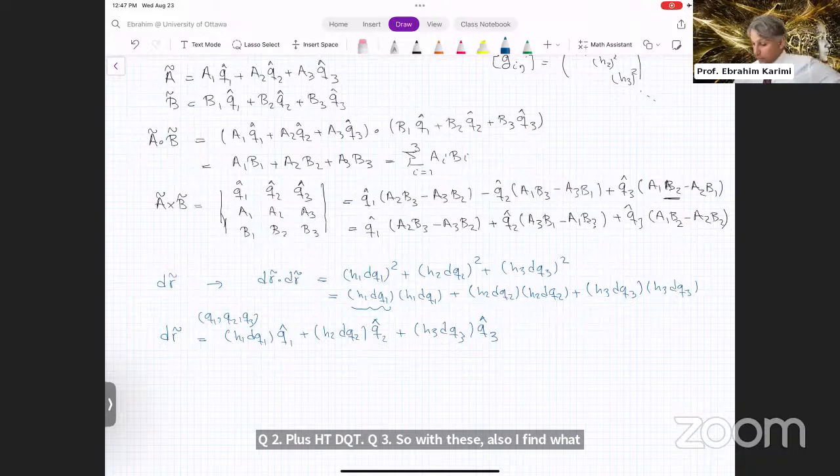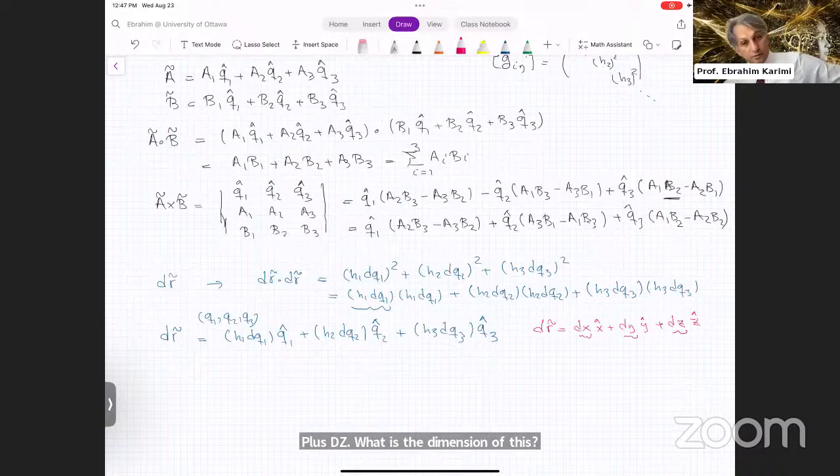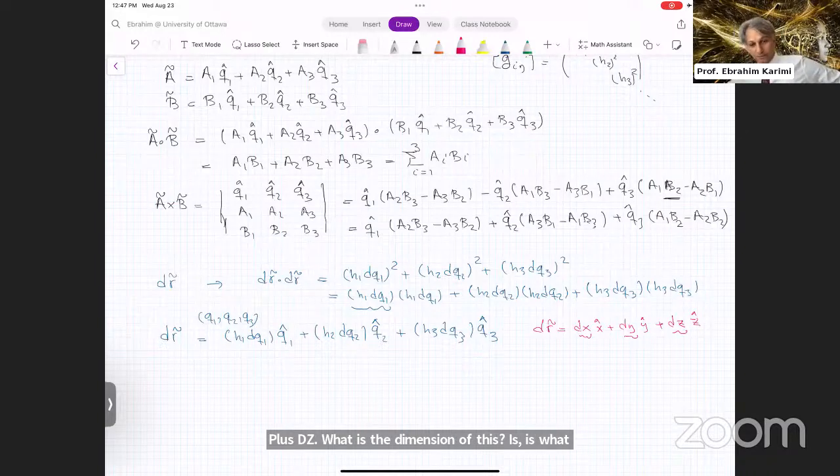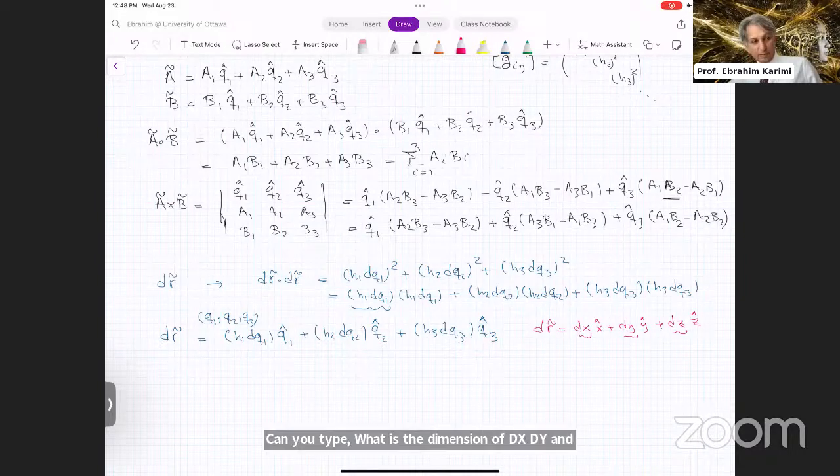So with this, I also find what is happening with the infinitesimal displacement of R. In the Cartesian coordinate, remember, dr is equal to dx x hat plus dy y hat plus dz z hat. What is the dimension of this? Can you type it in the Q&A? What is the dimension of dx, dy, and dz, if that's a displacement?